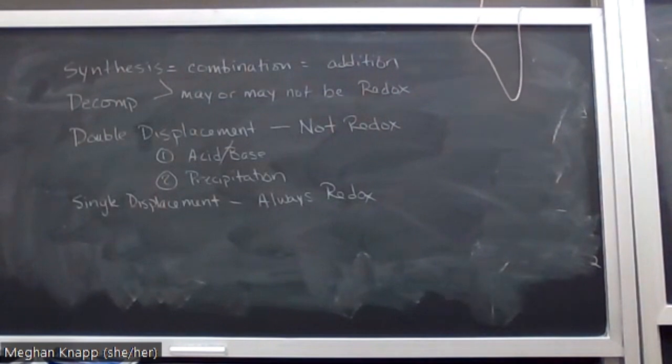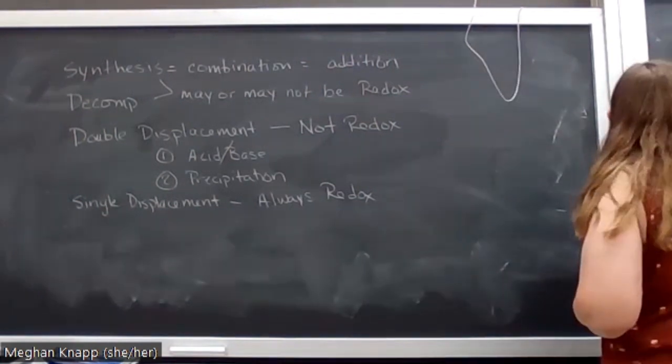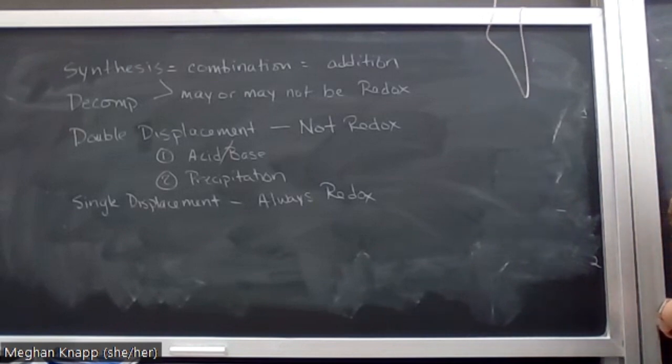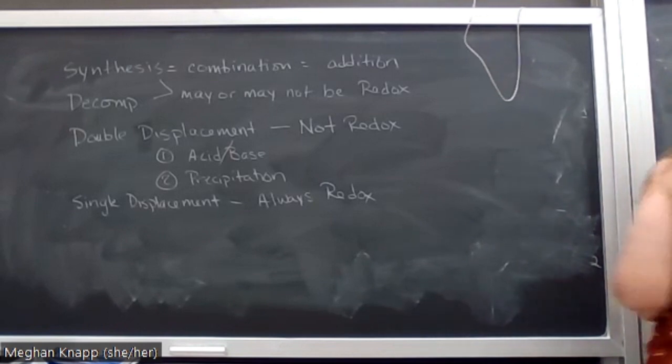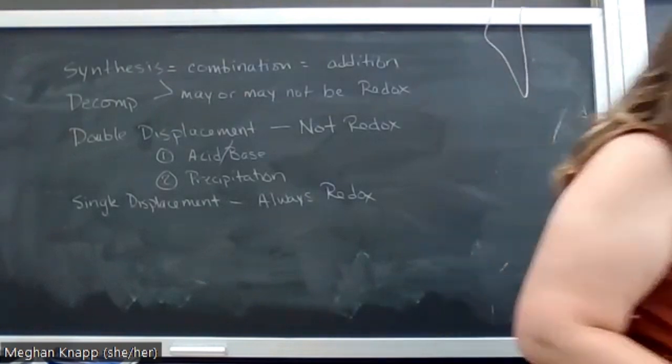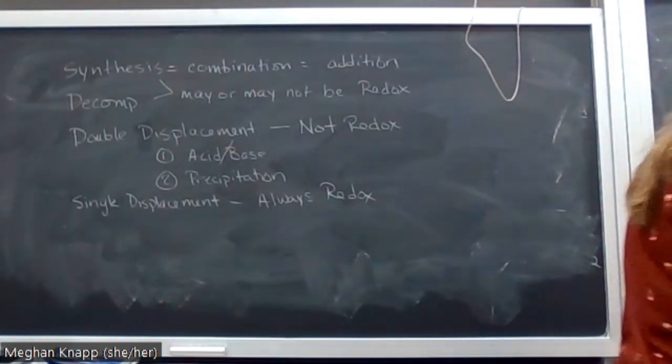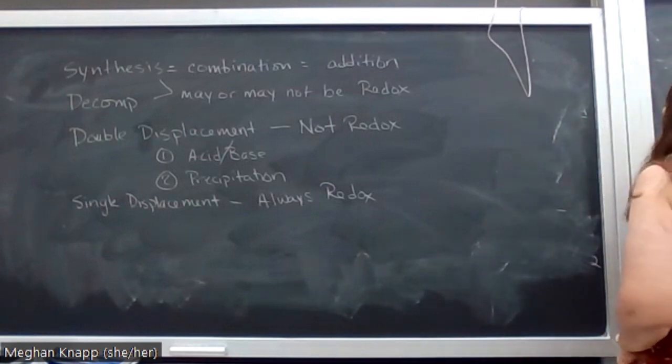All right, so let's think about how we might predict products in a reaction. Two examples here. HNO3 plus Ba(OH)2.